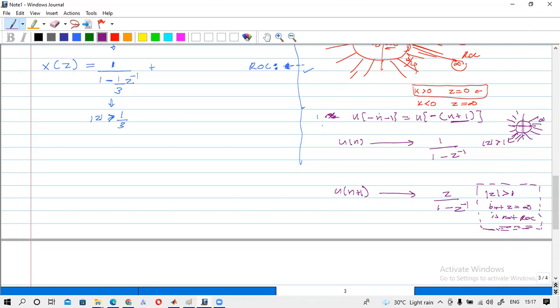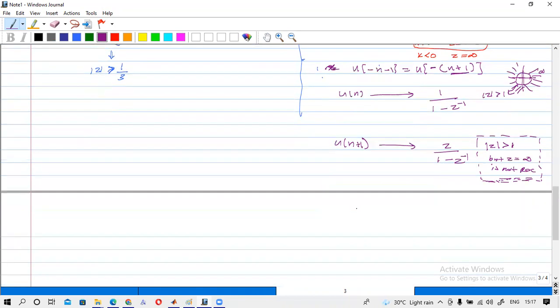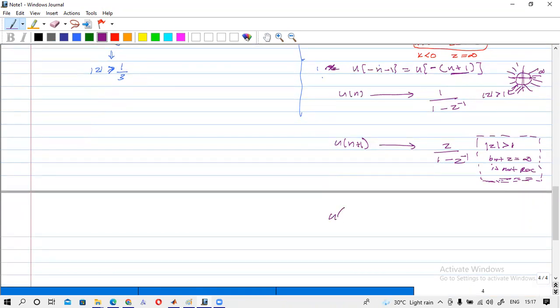Here it is somewhat hard to understand, but you can use the theory. Here this will be the ROC: |z| greater than 1, except z equal to infinity. Now I get the time reversed, u[-n+1]. If I get the time reverse, all these z will be z^-1, so this will be z^-1 and this will be z^-1, so it will be z.